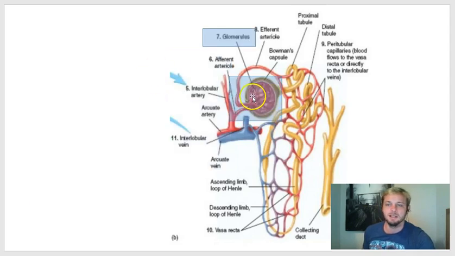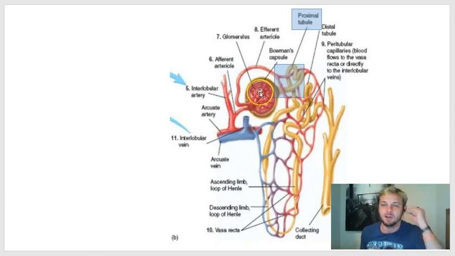In the glomerulus, looking at this capillary bed, this is where you're going to have a superfiltrate. Lots and lots of stuff is getting pulled out of the blood. And we'll go a little bit deeper to look at some special cells lining these capillaries that allow them to filter out a lot of extra stuff.